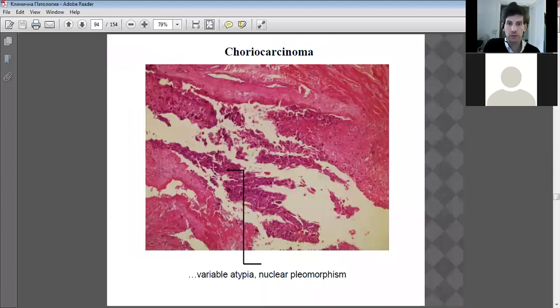Here we can see disruptive cell division. He calls it variable atypia, which is abnormal cell division, yes. Normal cells would have a round nucleus, but these are elongated nuclei and they all seem to be elongated.